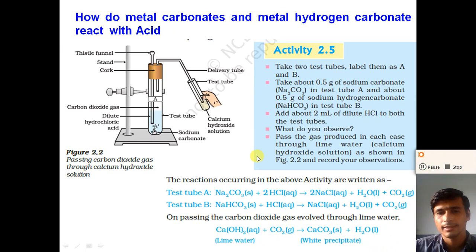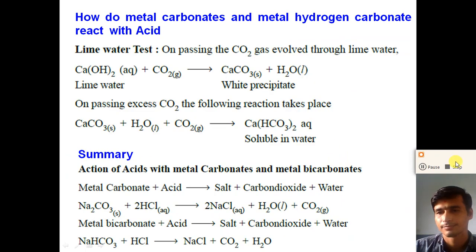So understand, when a metal carbonate or metal hydrogen carbonate reacts with an acid, it produces a salt, water and carbon dioxide. Now when this carbon dioxide passes through the lime water, the calcium hydroxide solution becomes milky, as it converts into CaCO3, calcium carbonate, and water.